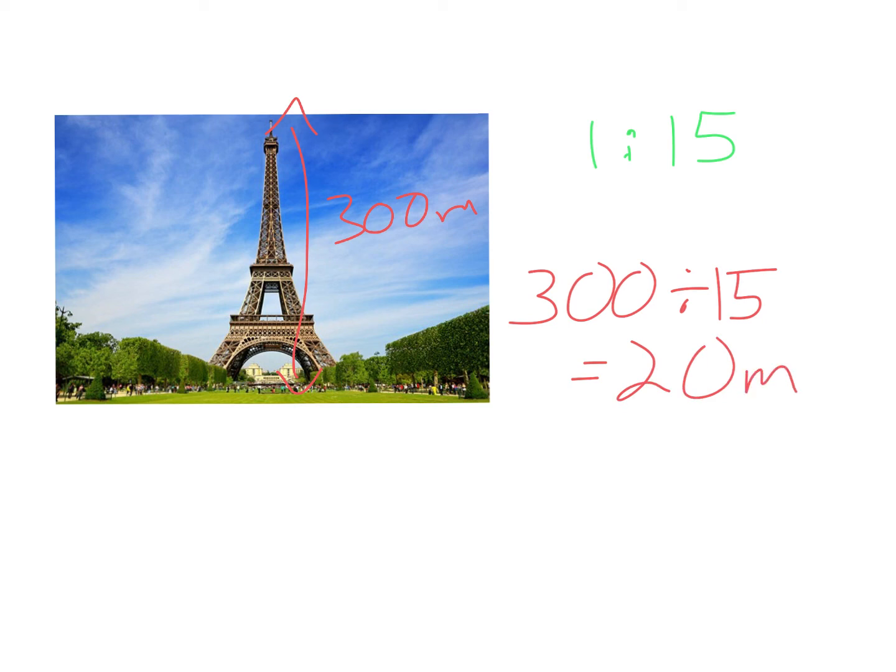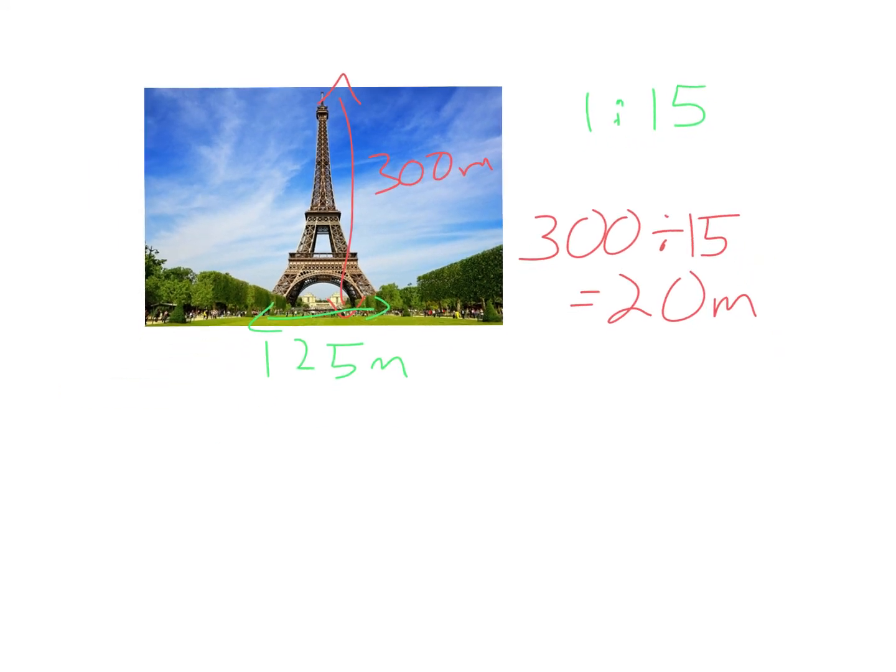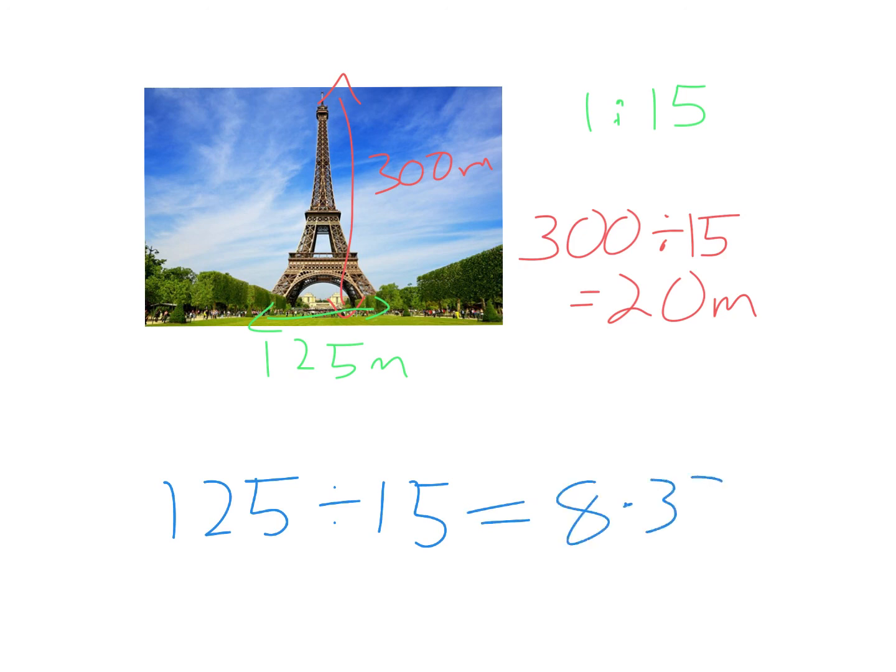The base of the Eiffel Tower is 125 meters wide on each side. So for your model, again, it's going to be 15 times smaller. So what we're going to do is, instead of multiplying by 15, we're going to get 125 and divide it by 15 to make it smaller. So that gives us 8.33 meters in width.